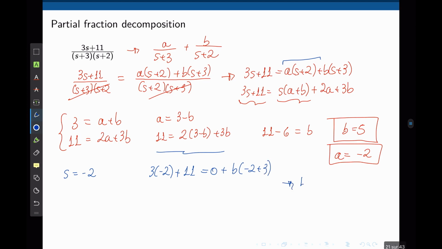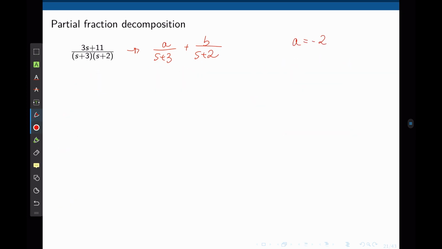And this also gives B as 5. And when we now set s to negative 3, we cancel the second term, and you're left with 3 times negative 3 plus 11 equals A times (negative 3 + 2) plus 0, and so A is negative 2. Both ways work.